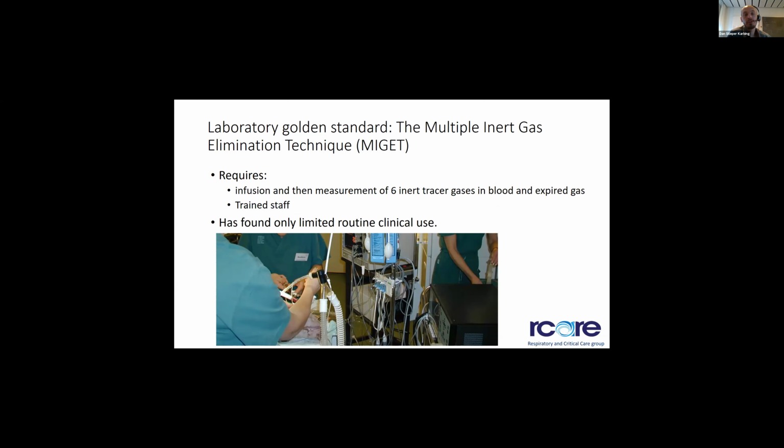The issue with the multiple inert gas elimination technique, probably explaining why it hasn't seen routine clinical use, is that it is very resource demanding. It requires a specially trained set of staff. 6 different inert tracer gases must be infused into the patient, and then after 30 minutes, it requires simultaneous measurement of arterial and mixed venous blood, as well as expired gas, of these 6 different inert gases, and then analysis using gas chromatography.